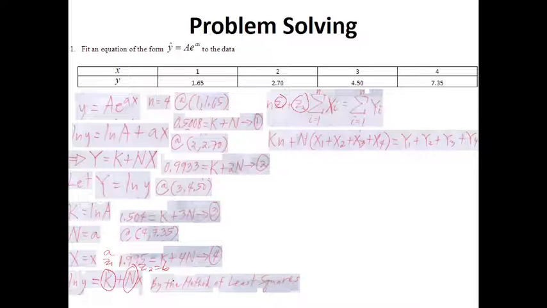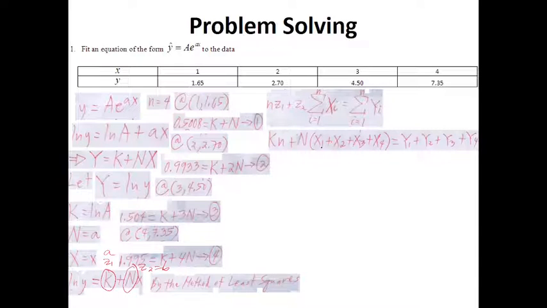And then, meron ka ditong equation, ln y equals z1 plus z2x, or ln y equals k plus nx. And then, meron tayo ditong summation, x sub I. So, we just add from I equals to 1 to n. So, x sub 1 plus x sub 2 plus x sub 3 plus x sub 4. Ang n kasi natin ay 4, right?